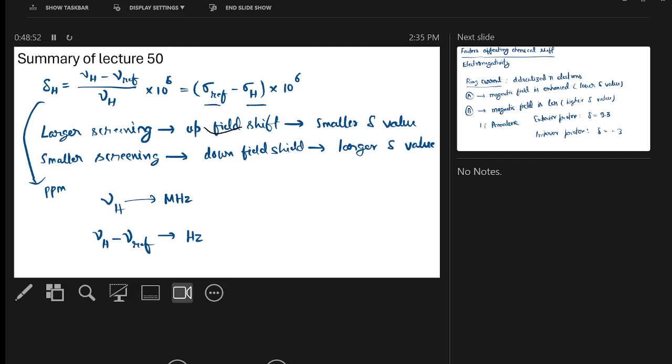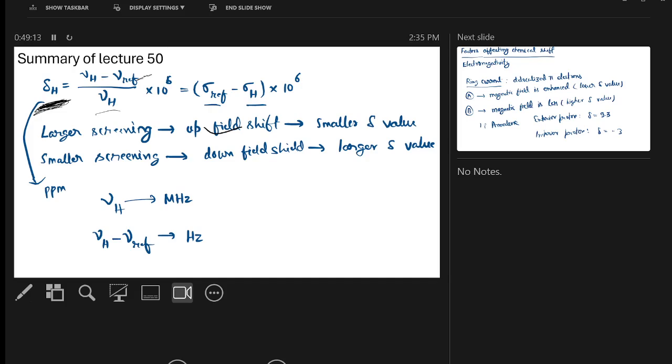Regarding the shielding constant, see the lecture note summary, lecture 50, the last lecture note of this session. So we have one term, delta H, that is called chemical shift. Okay. You can see in detail that delta is defined relative to a reference. What is this reference? Why do you need a reference? Why do you use tetramethylsilane as a reference? You can see all the details in lecture 50.